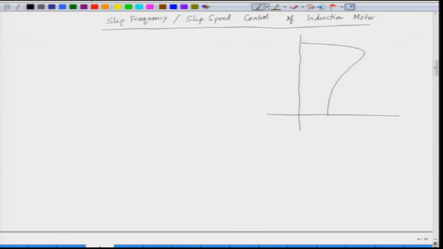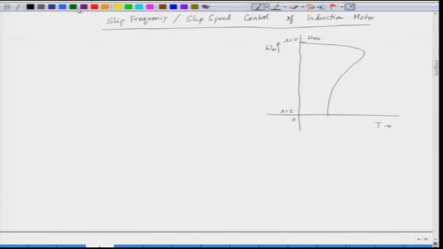This is the torque speed characteristic, speed in the y axis and torque in the x axis, and this is the synchronous speed. Here the slip is equal to 0, here the slip is equal to 1, it is the origin in this case, and speed is in the y axis, torque is in the x axis.